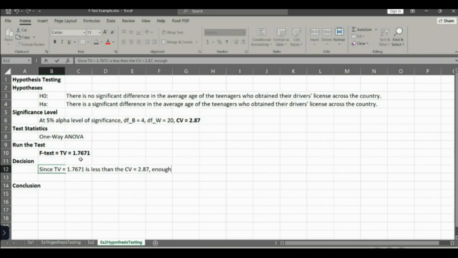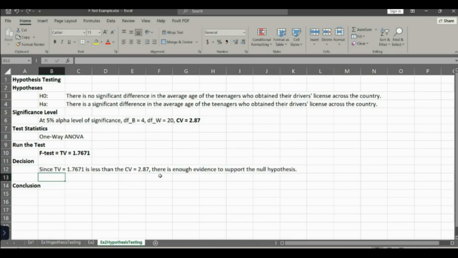Since TV is less than the CV, there is enough evidence to support the null hypothesis. Very good.